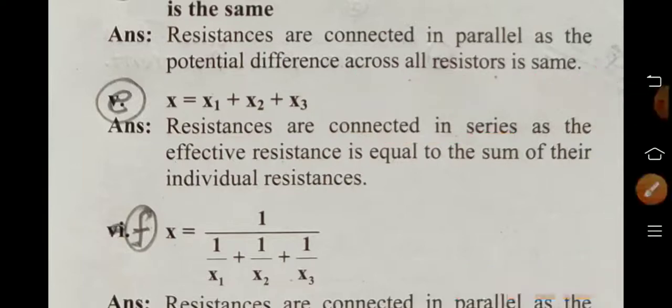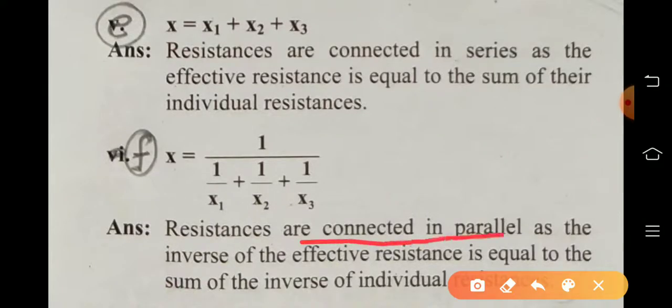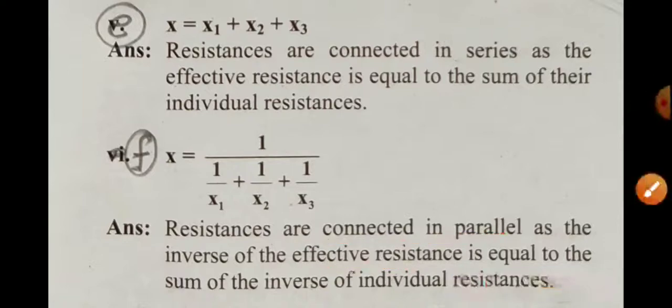And the last sub question is given here. X is equal to 1 upon x1 plus 1 upon x2 plus 1 upon x3. So resistances are connected in parallel as the inverse of effective resistance is equal to the sum of the inverse of individual resistances. So these are the answers of these 6 sub questions.